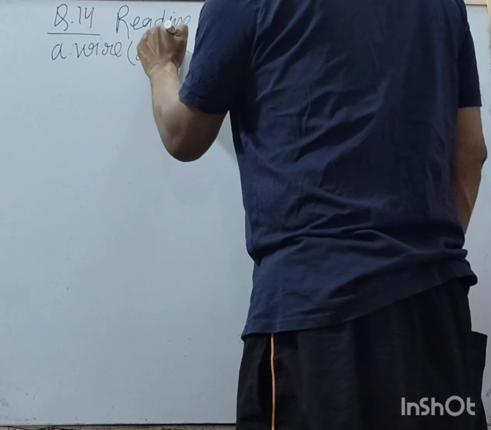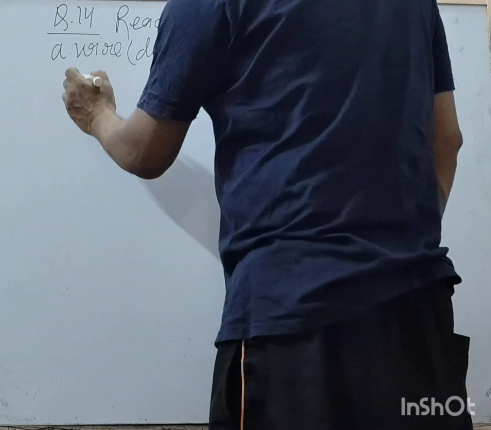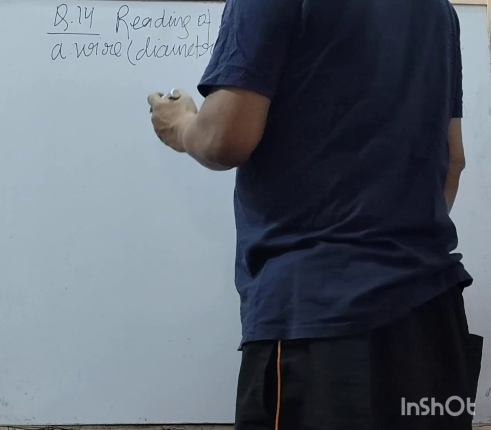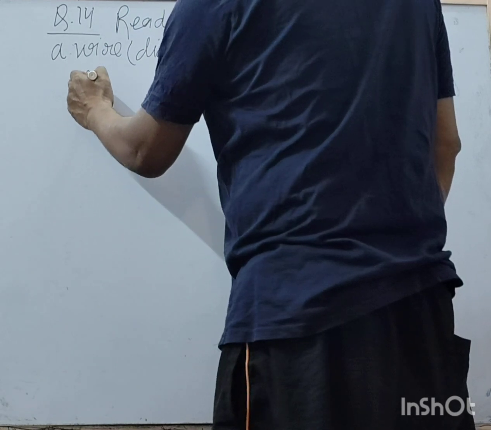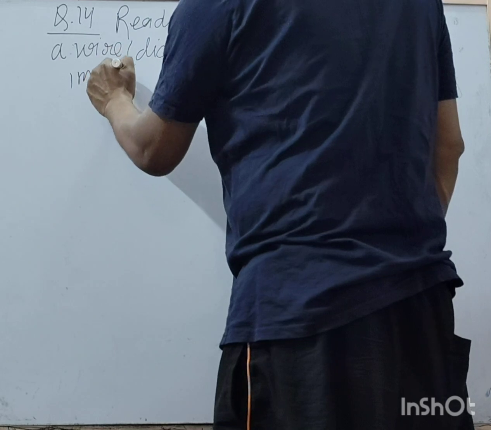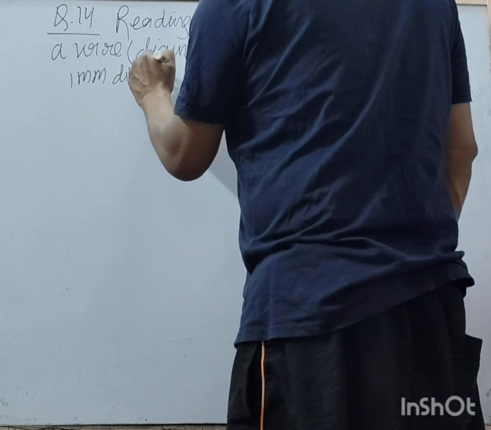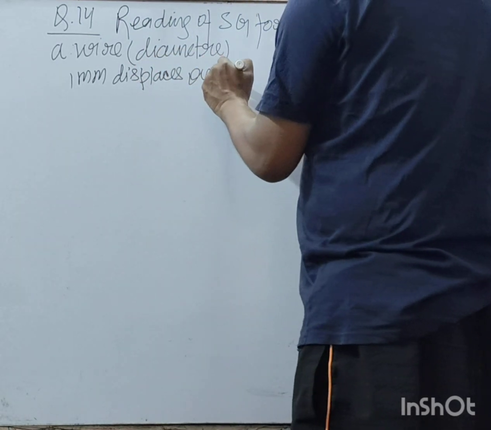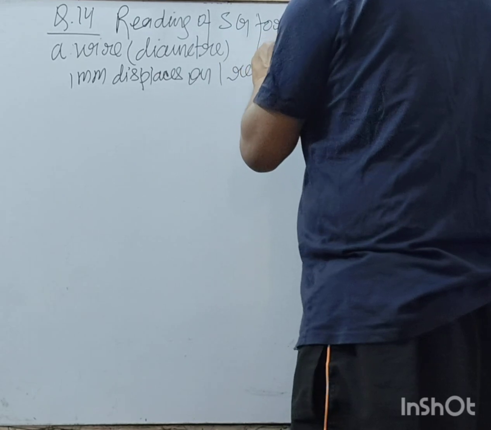The screw advanced by 1 division on main scale when the circular head is rotated once. That is 1 millimeter displacement in 1 revolution. Fine.